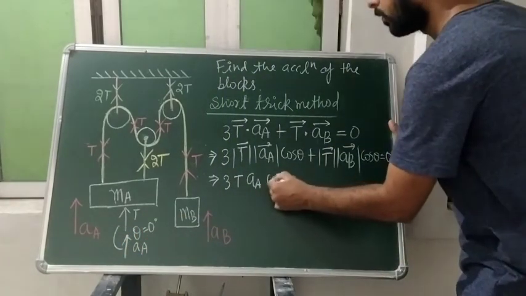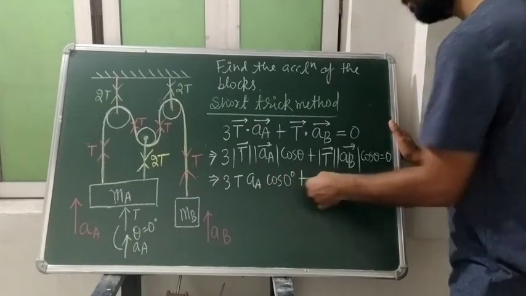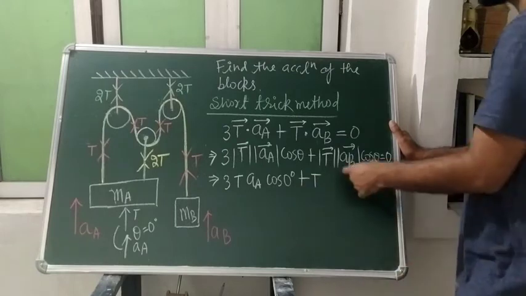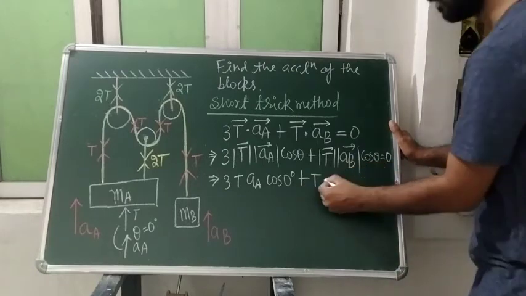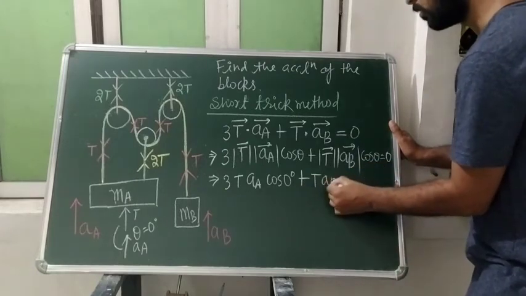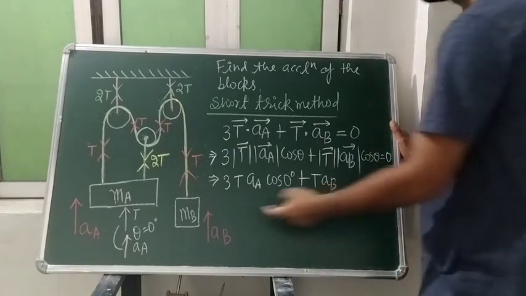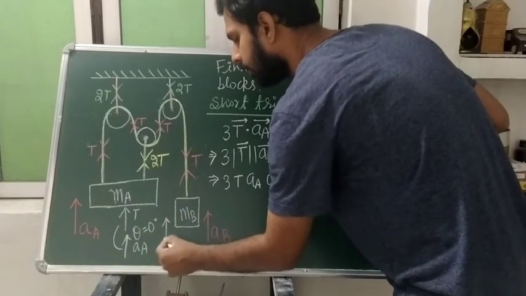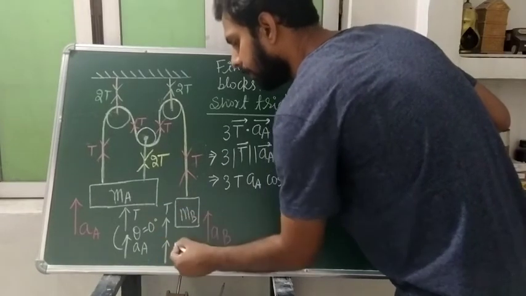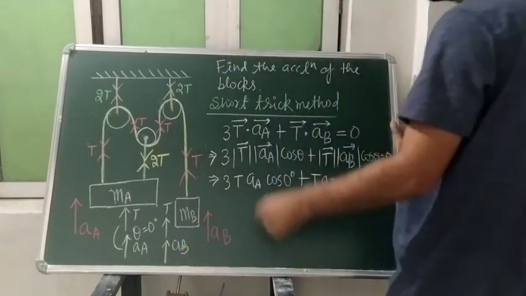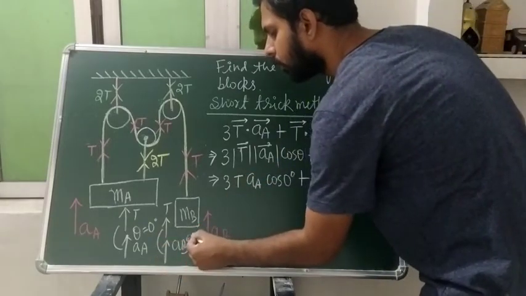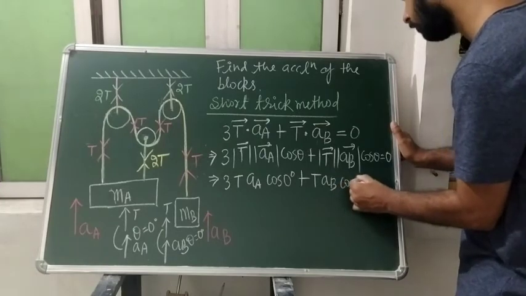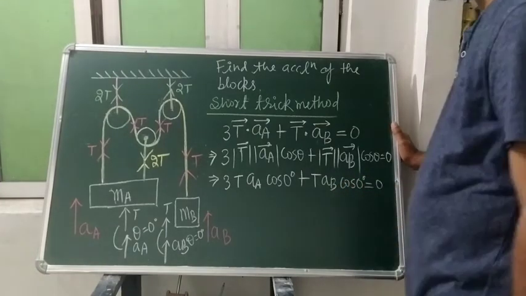So cos 0 you can write, plus the magnitude of this tension vector, T, the magnitude of this acceleration vector AB. Here theta, when you look at the second block, T is acting upside, acceleration AB we have also assumed upside, so theta is going to be 0. So cos 0, that will be equal to 0.